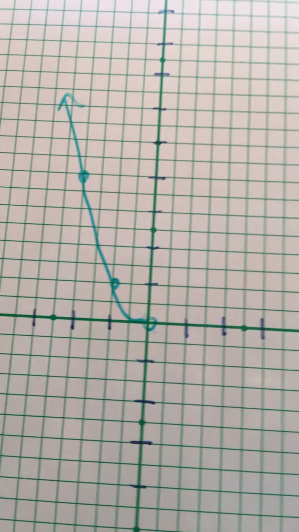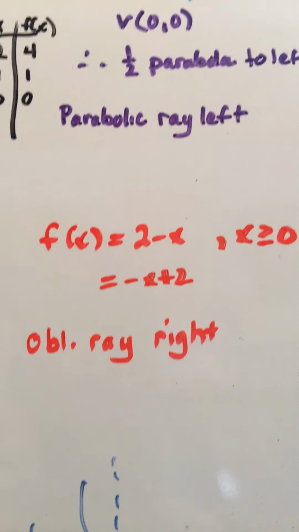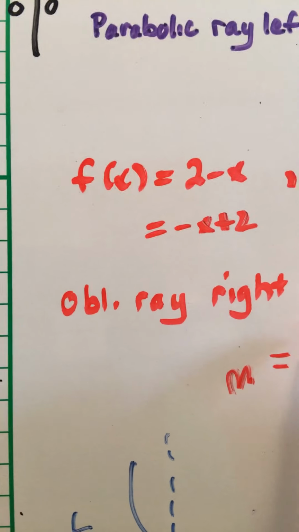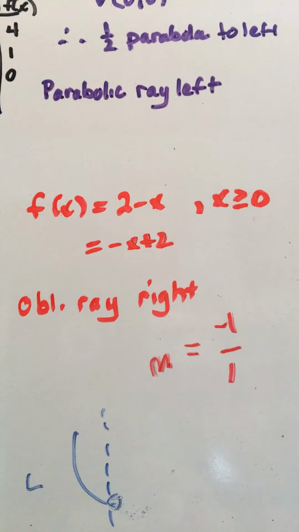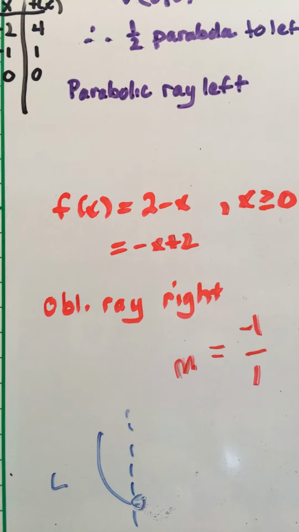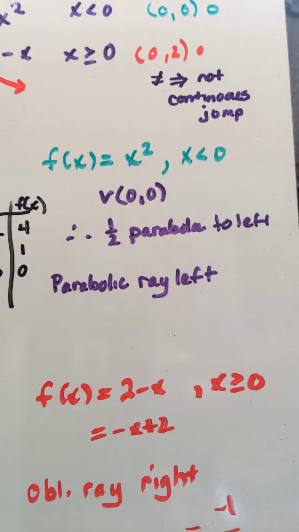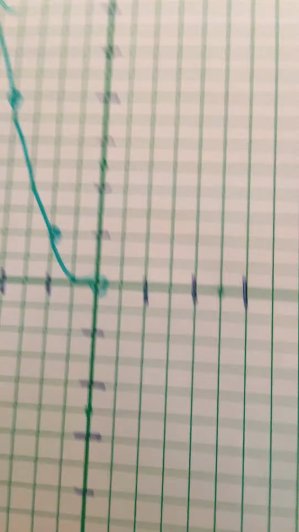And so I do my best to draw a parabola. That's pretty bad, but hey. The next one is just an oblique line, and 2 minus x is negative x plus 2. And the slope is negative 1 over 1, and I'm not going to write it the other way because we indeed are heading right. So once I plot my point 0, 2 closed, I'm just going to use my slope.